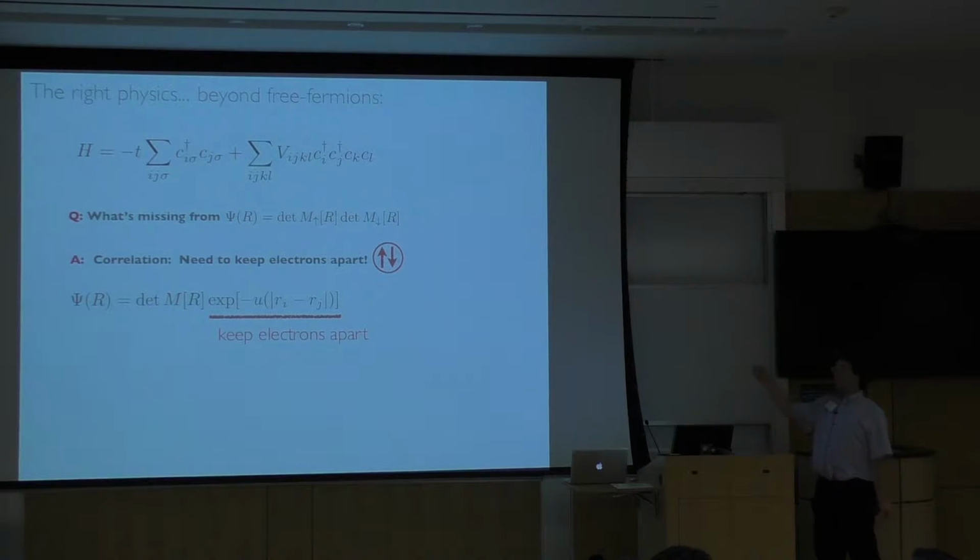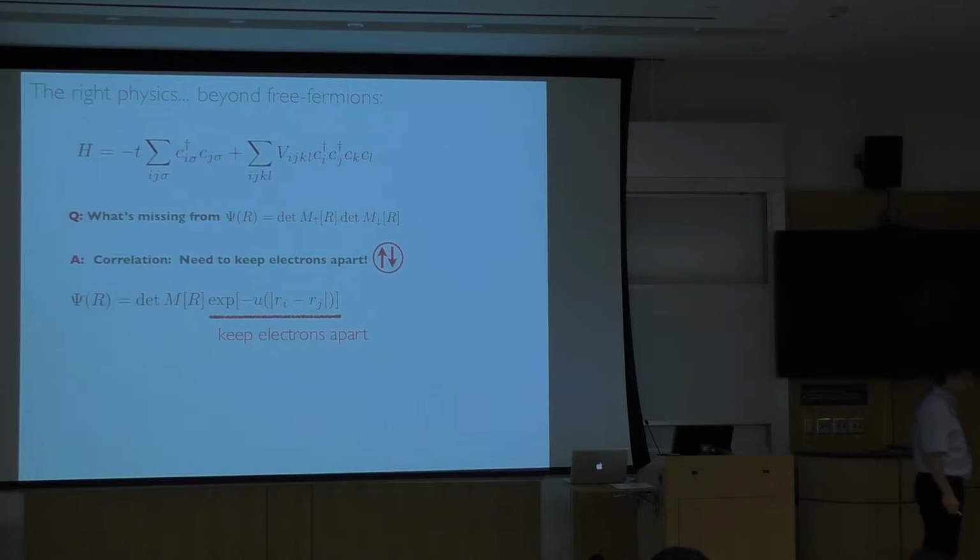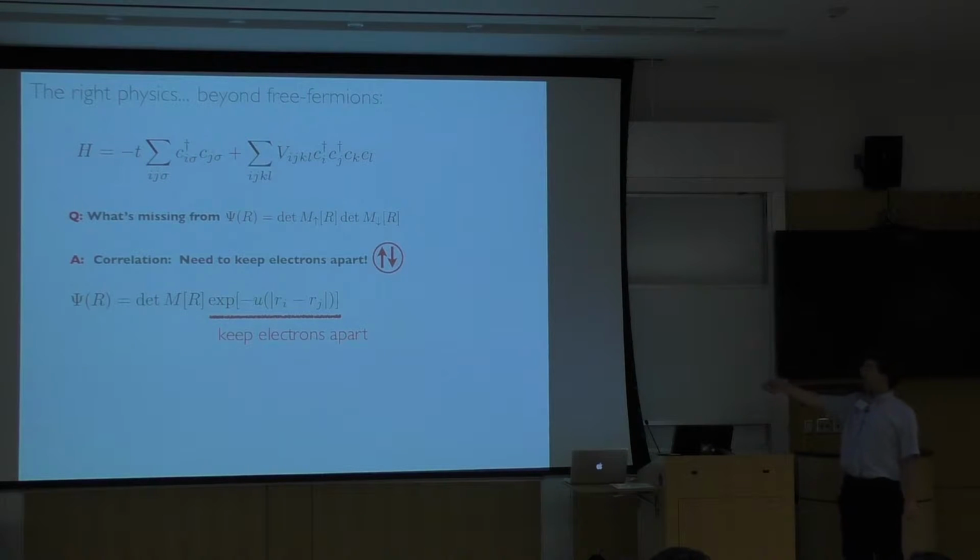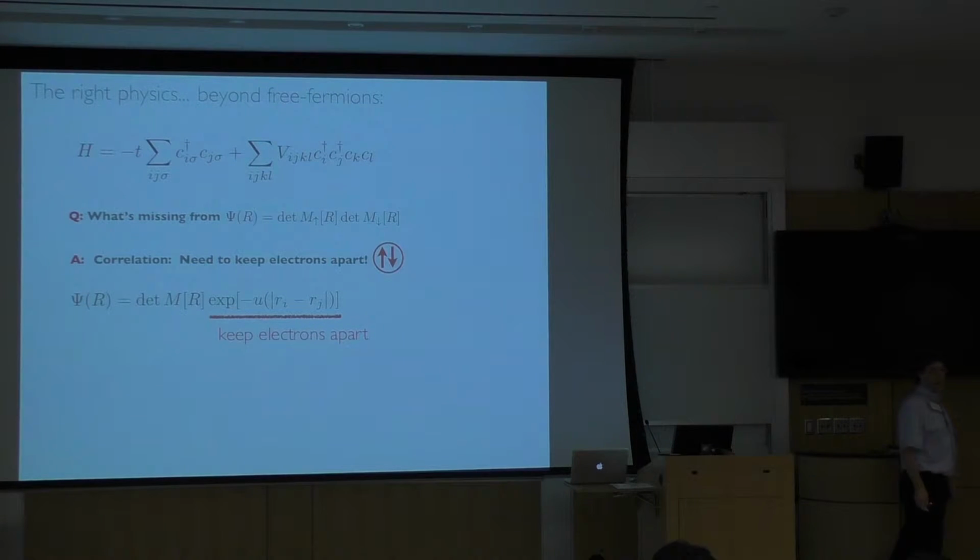We have a free fermion product of Slater determinants. And now what we're going to do is add interaction. And we should ask ourselves the question, what's missing? Well, what's missing from this wave function is that the up spins and down spins are not talking to each other. They don't know each other exists. They don't see each other. And so there's some correlation that's missing. Your up spins and down spins can sit on top of each other, et cetera.